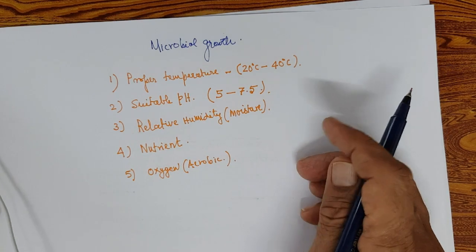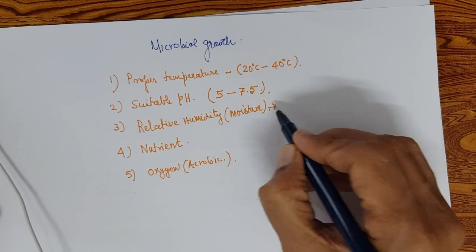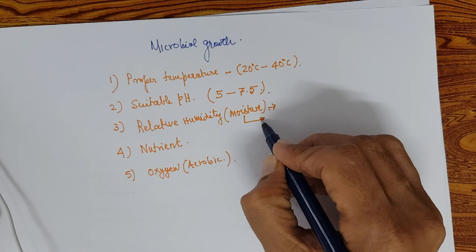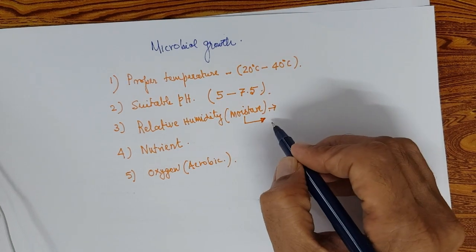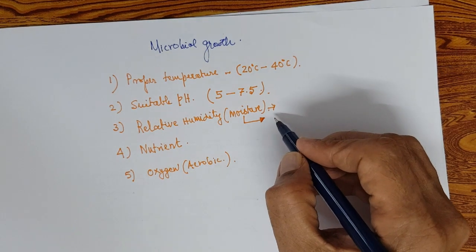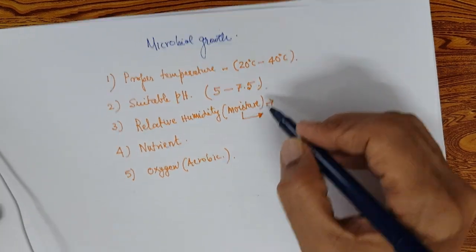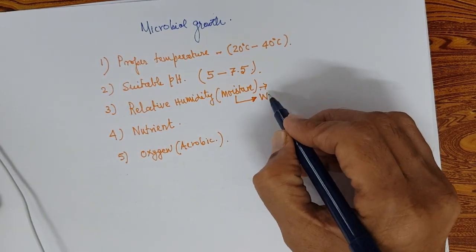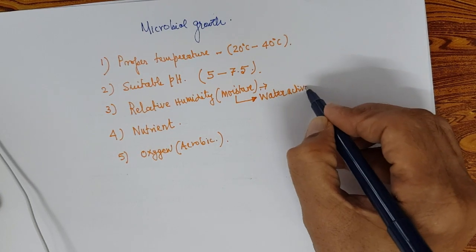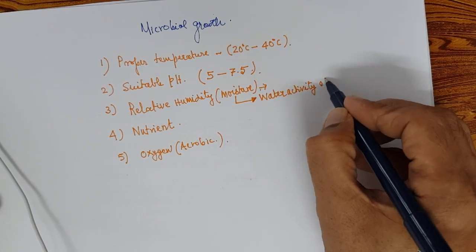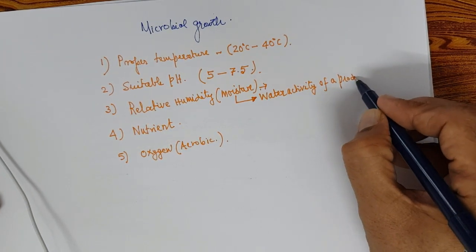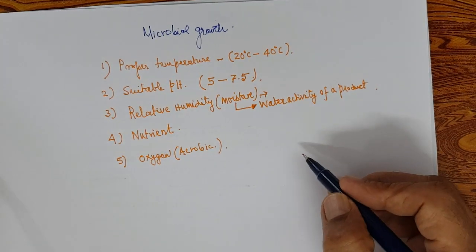Humidity. The most important thing here is the unbound moisture. It's called the water activity of a product.